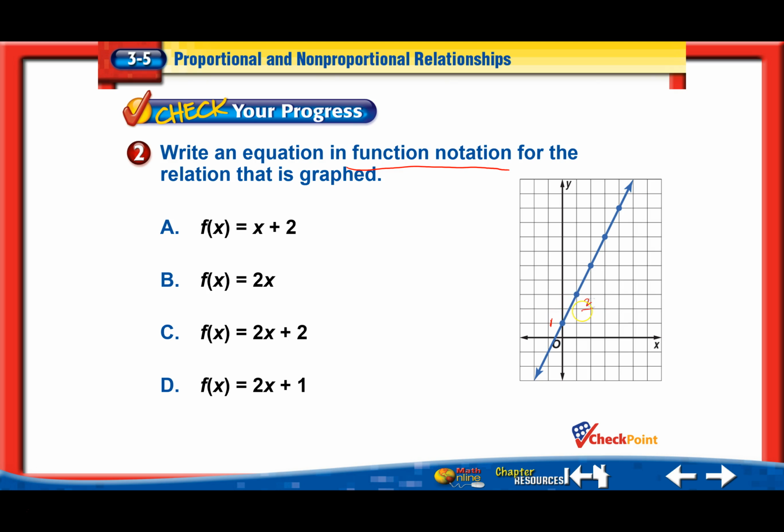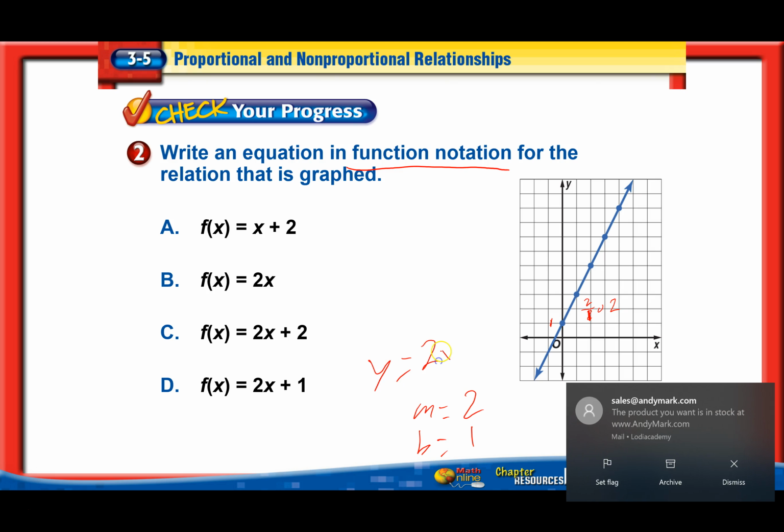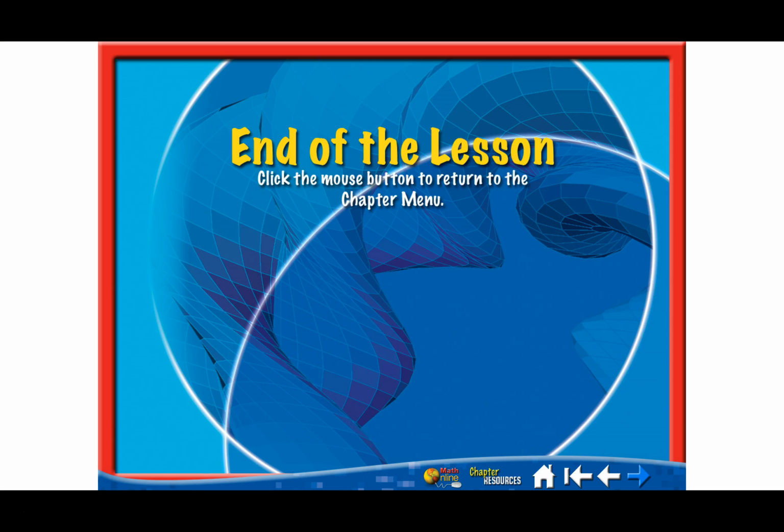So a slope of 2 and a y-intercept of 1 would be y equals 2x plus 1. And to write that in function notation, it would be f of x equals 2x plus 1. Ta-da! And that's all she wrote.